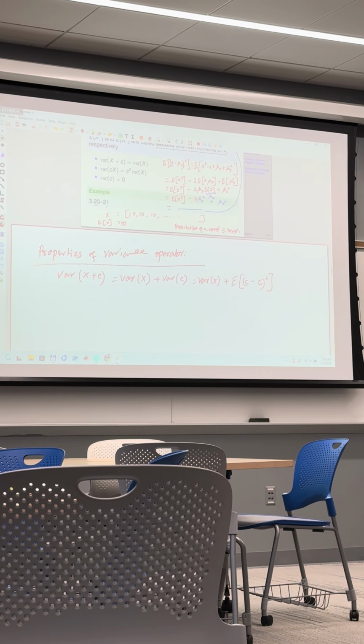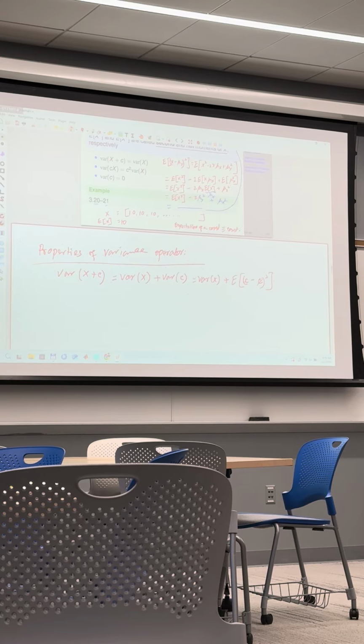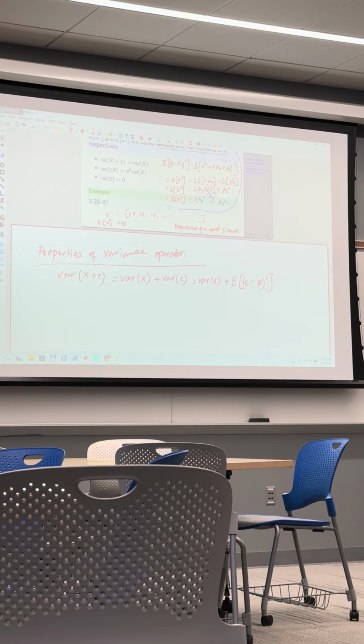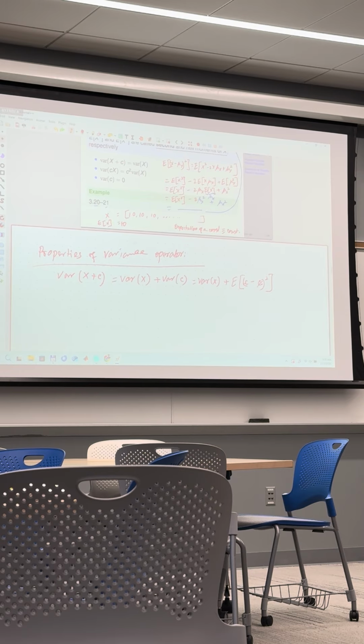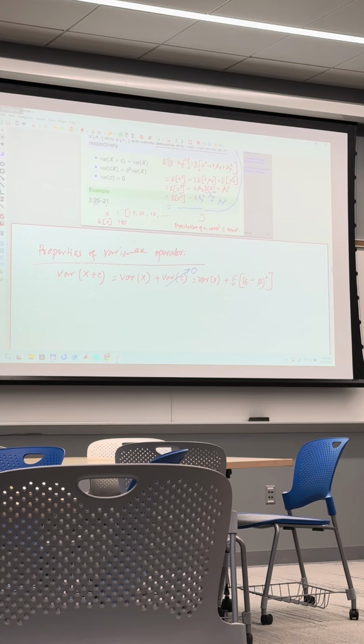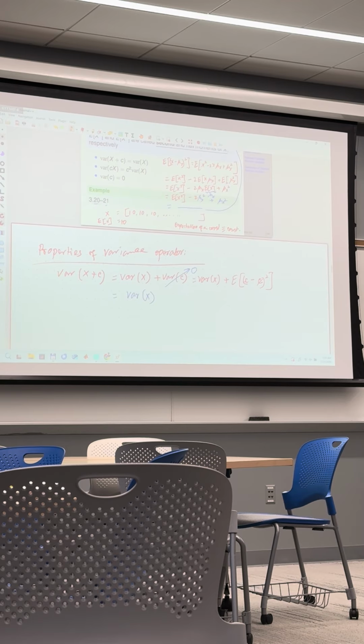This is by definition. The c is here, so expectation of 0 is simply 0. So therefore, the variance of a constant is 0. So you are left with variance of x. So if you have variance of random variable plus constant, it is simply variance of x.